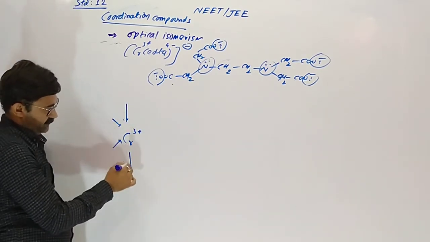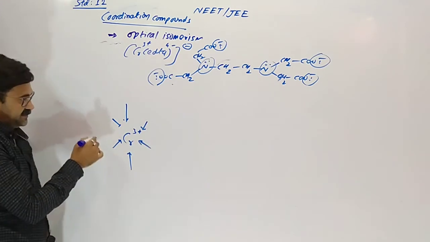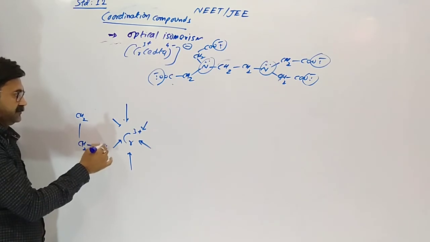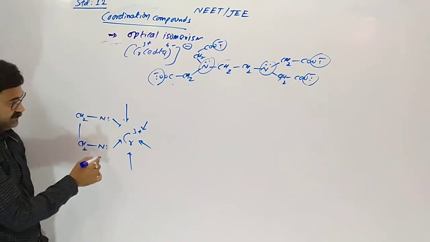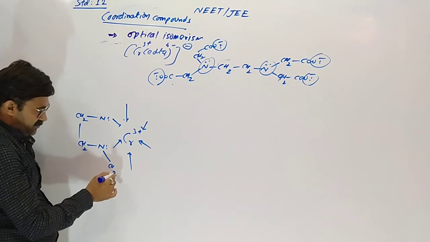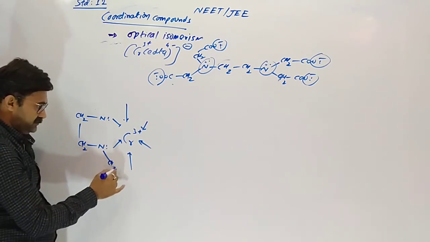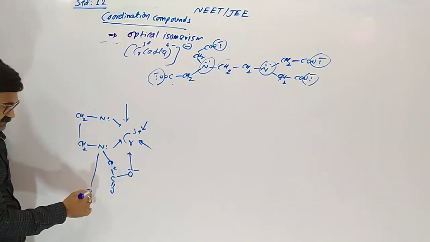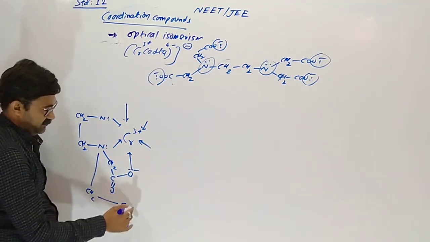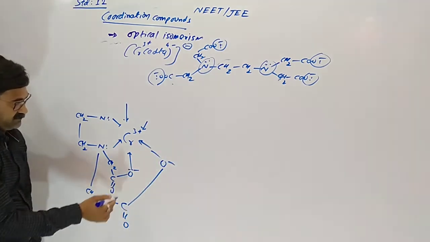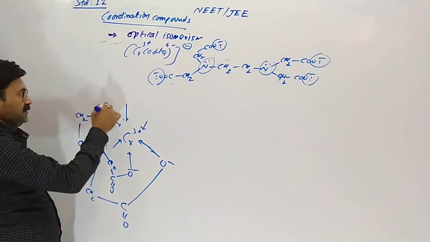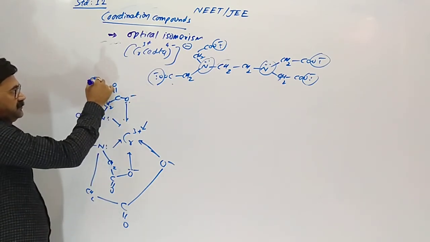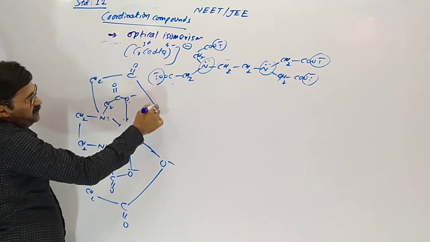1, 2, 3, 4, 5 and 6. Here CH2, CH2 ethylene, 2 nitrogen diamine. CH2 COO minus, CH2 COO minus, CH2 COO minus, CH2 COO minus.